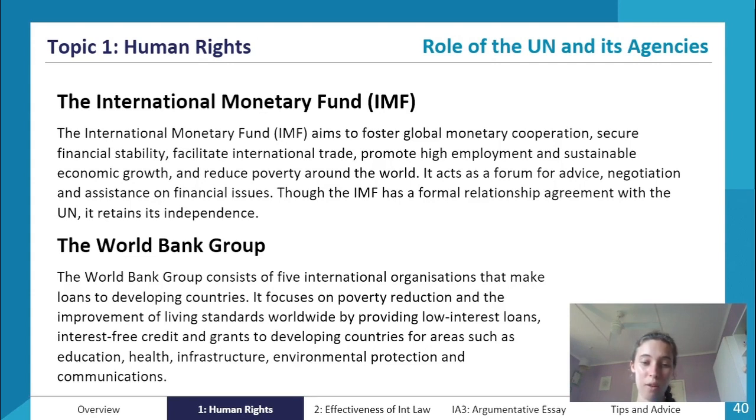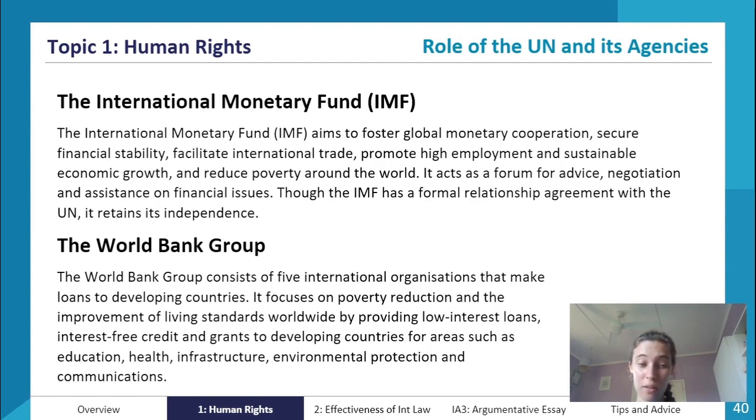It focuses on poverty reduction and the improvement of living standards by providing low interest loans. So, unlike our commercial banks, it wants to, I guess, be more charitable by giving the most low interest loans that it can.